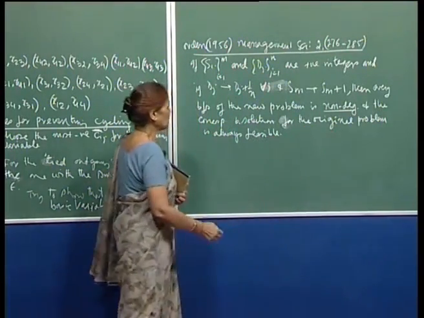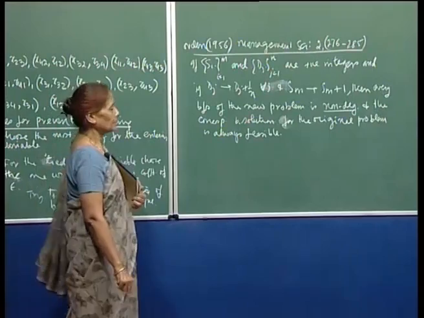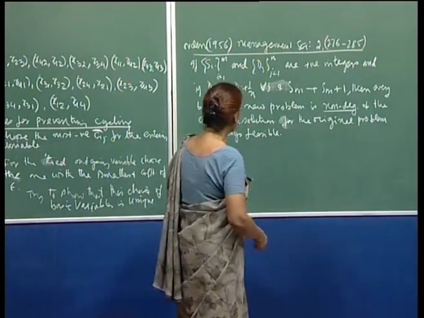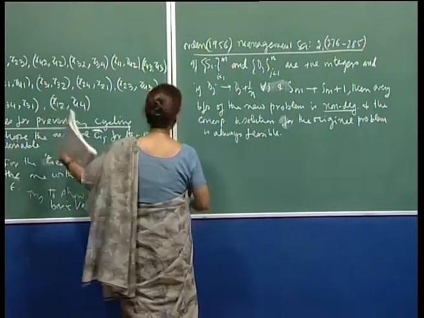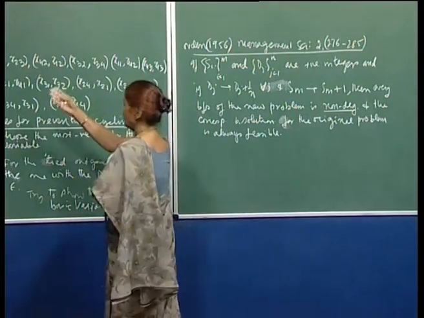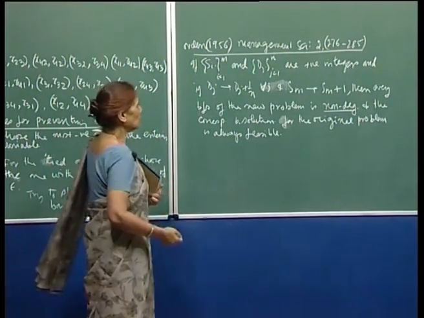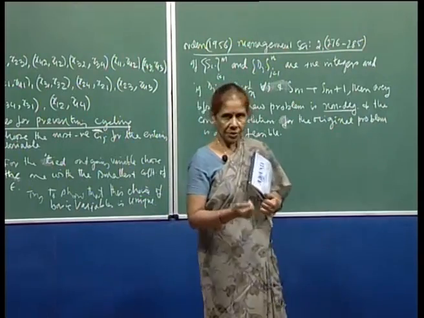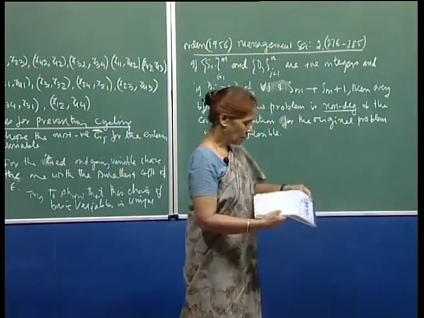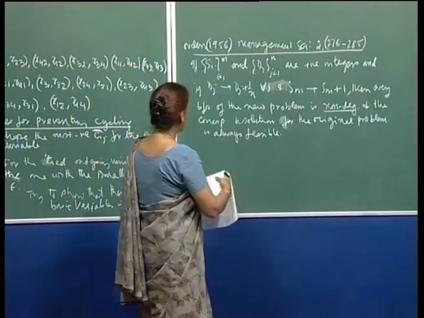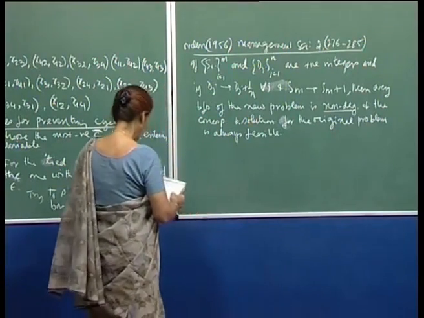This is what Orden's result says, and you can try it out. Maybe on the same problem you can use this perturbation and see that you will always get a non-degenerate solution at each iteration. Okay. Fine.